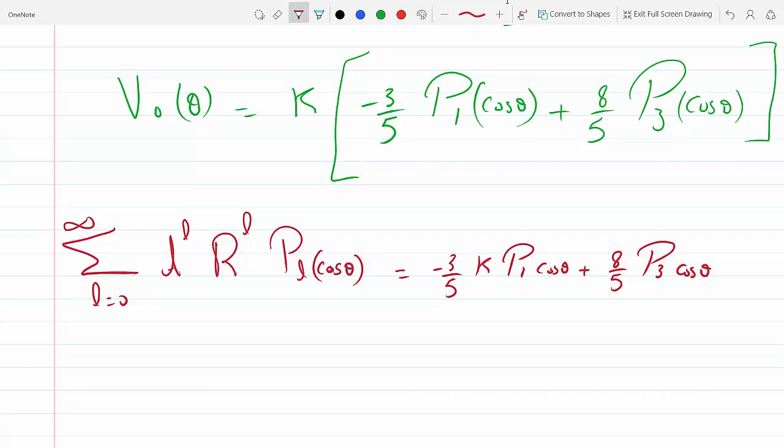And now we need to get the coefficients. This is AL here. I need to get the ALs out of that. And how do I do that?